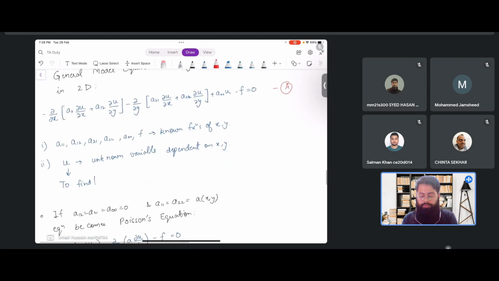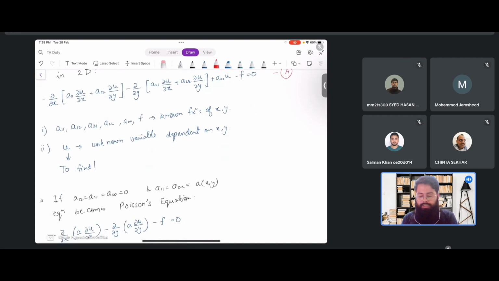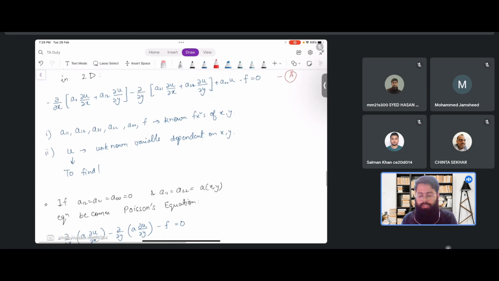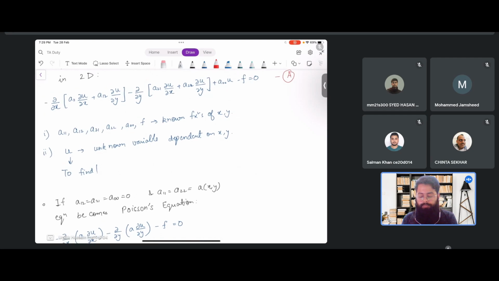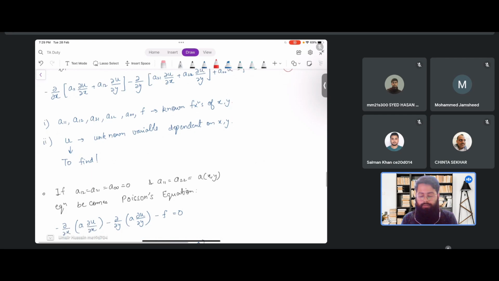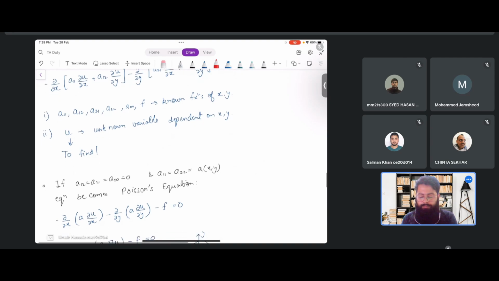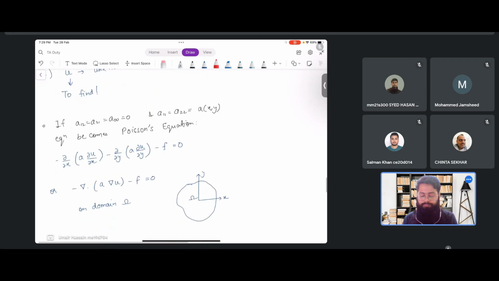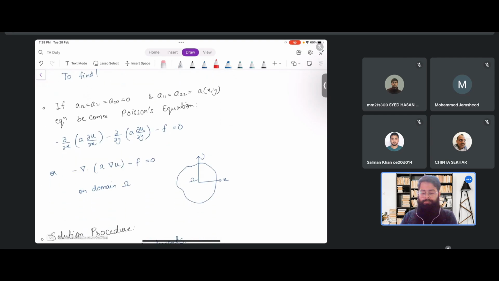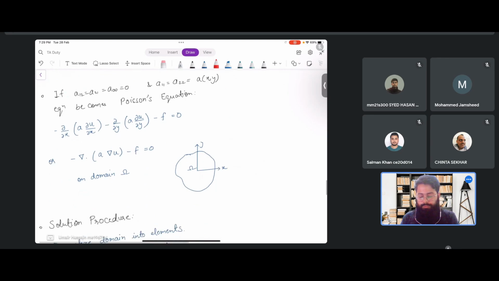This is what we are going to find. And if we make a special case of this generalized equation and put a1, a2, a00 equal to 0, and a11 and a22 as same value, the generalized equation is reduced to the Poisson's equation again. So that is how a basic 2D problem looks like.